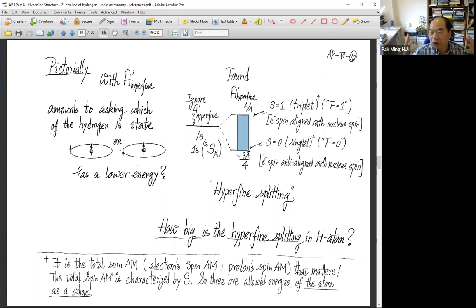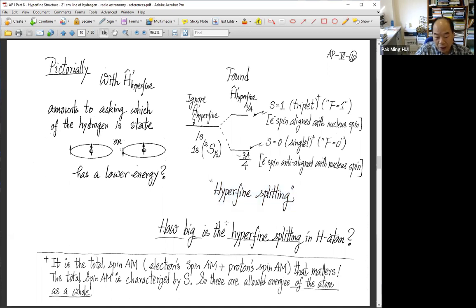Of course, in addition to molecules, when they meet, they may form H2 molecules. However, the concentration is so dilute that there are many neutral hydrogen atoms out there. So this is called the hyperfine splitting, or hyperfine structure of the hydrogen atom.